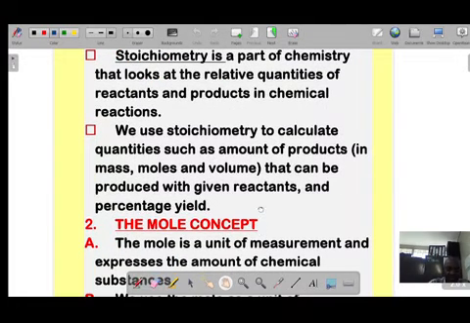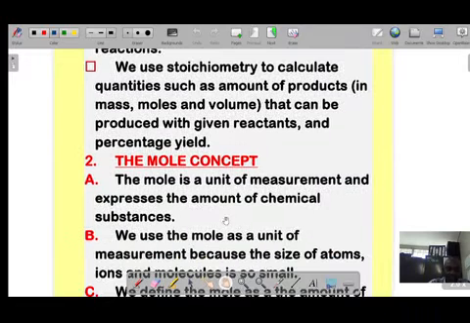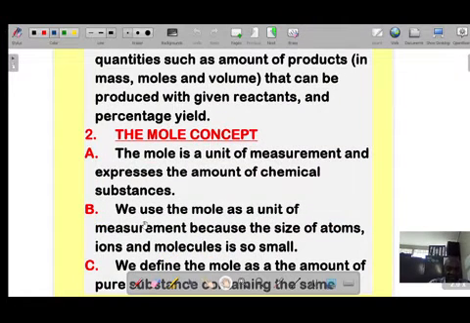The mole is a unit of measurement and expresses the amount of chemical substances. We use the mole as a unit of measurement because the size of atoms, ions, and molecules is so small.